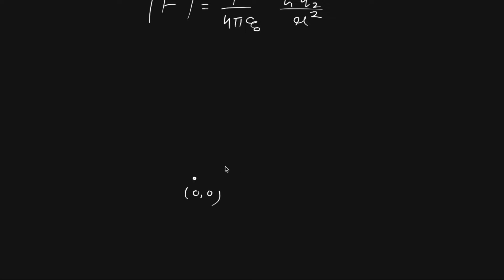I mention the charge q1 at a distance r1 from the origin, and charge q2 at the position r2 from the origin. For simplicity, let's take both charges as the same sign, positive.